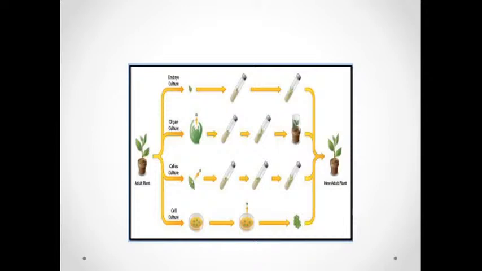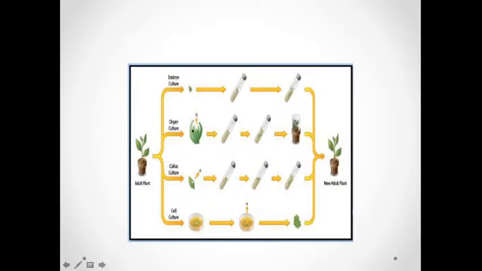So here you can see how from the adult plant you have taken four different parts. One shows embryo culture, second is organ culture, then callus culture, and cell culture. In embryo culture, you take the embryo from the adult plant, put it in a test tube, and with the proper hormones and medium, you grow it into a new adult plant.